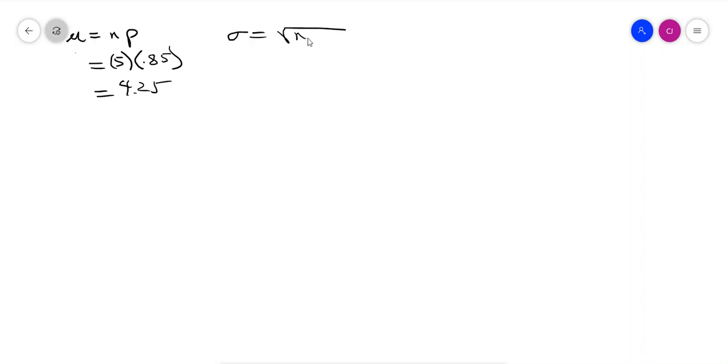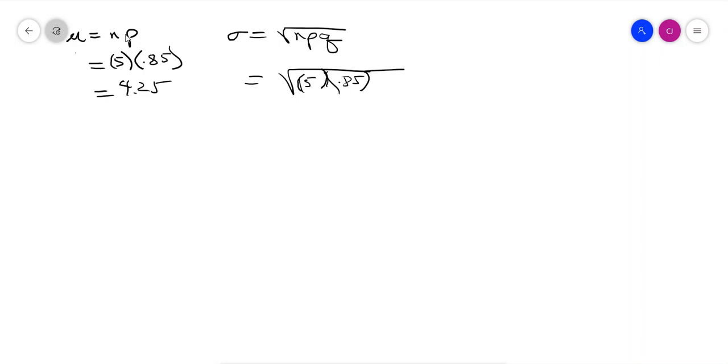square root of n times p times q, which is equal to the square root of, n was 5, p 0.85. Careful with the parentheses. I think you've got to be careful when you use them.